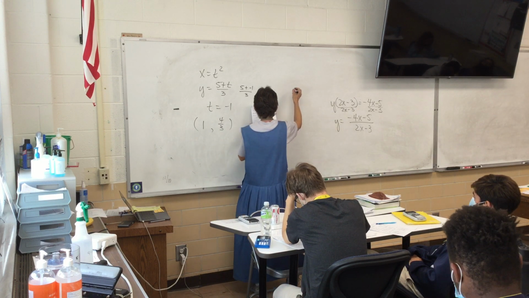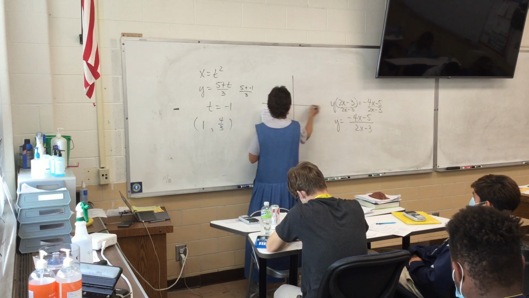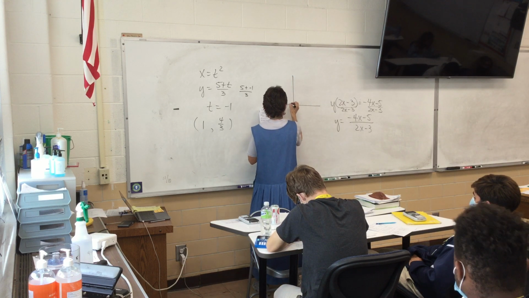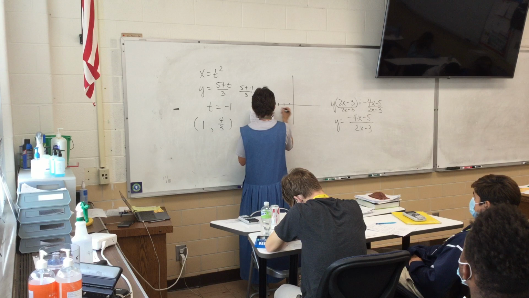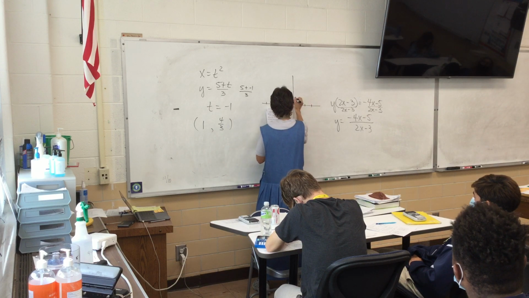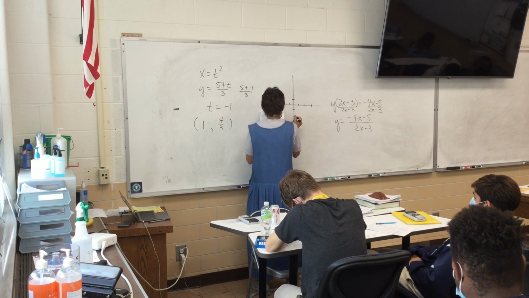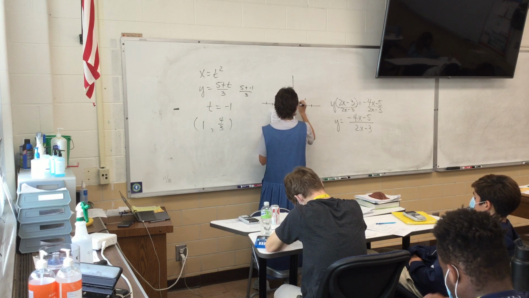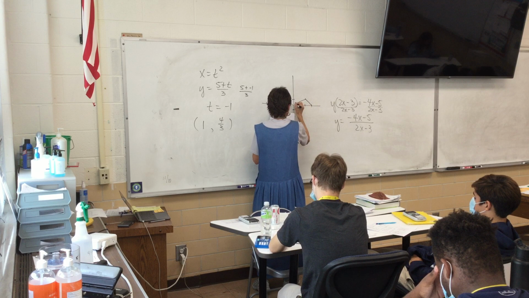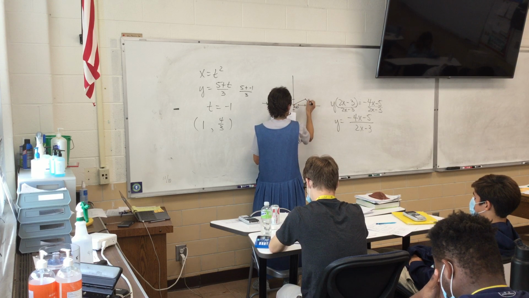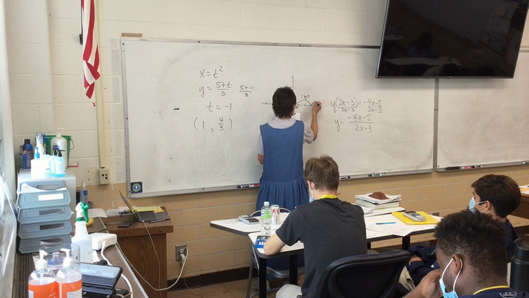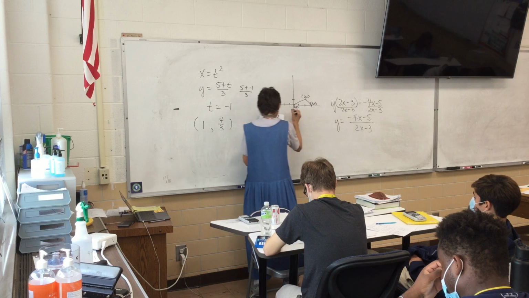Now, consider this picture. While I am drawing it, would you take a moment and label every point? So we have 0, 0, we have 2, 1, and we have 3, 0 on this side.